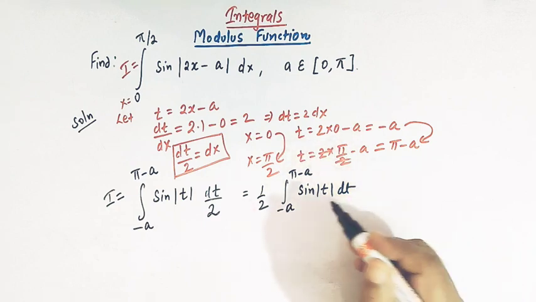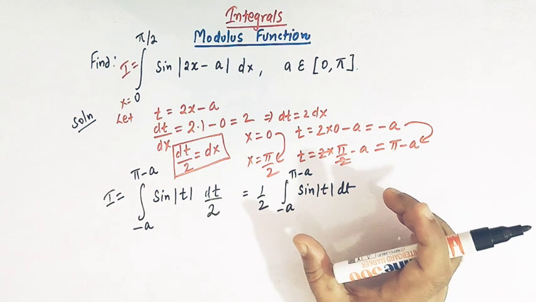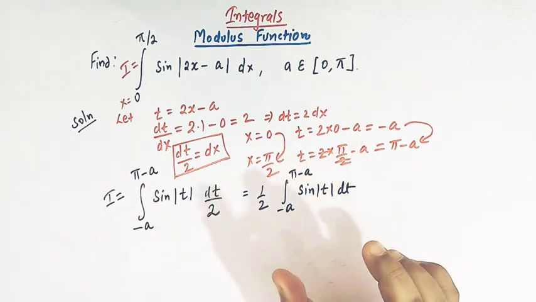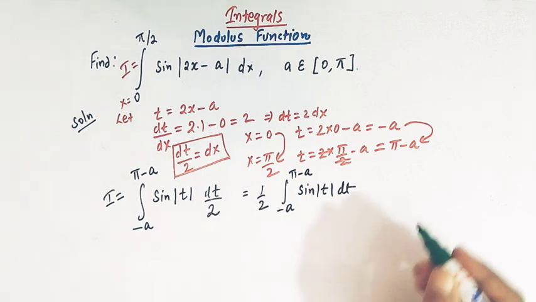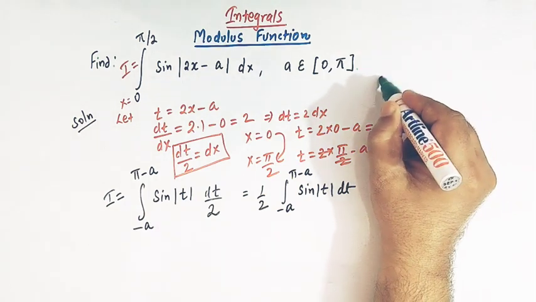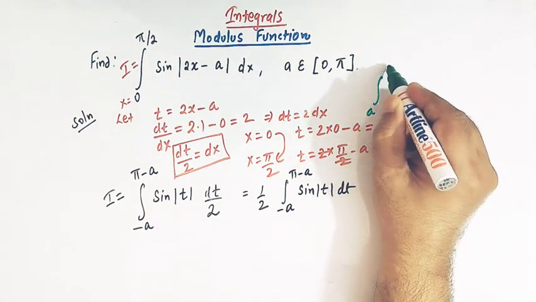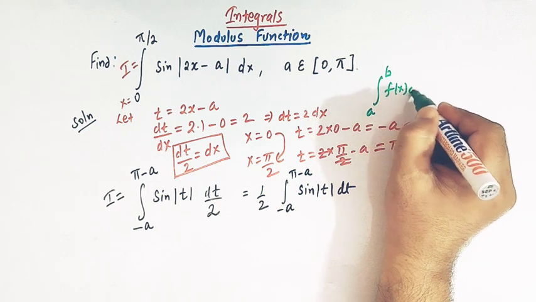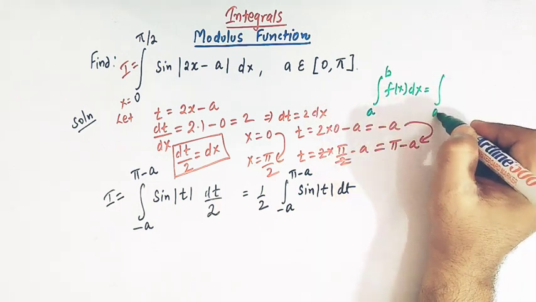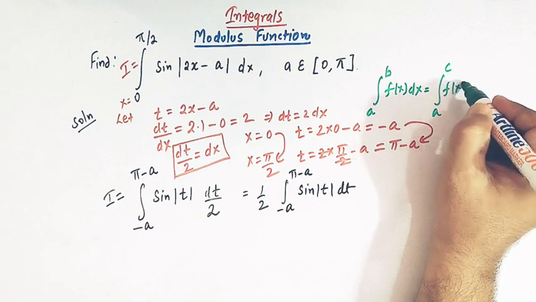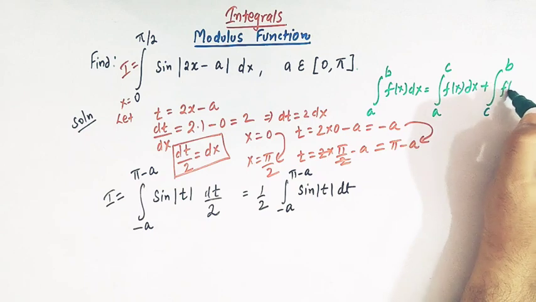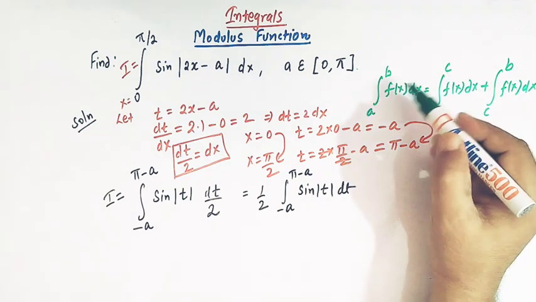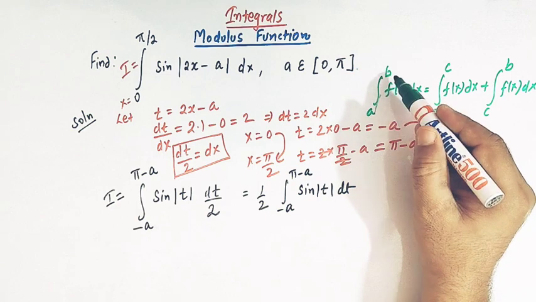Now here we will make use of the definition of the mod function and one important property of definite integrals. We know an important property: the integral from a to b of f of x dx can be written as the integral from a to c of f of x dx plus the integral from c to b of f of x dx, when c lies between a and b, right?